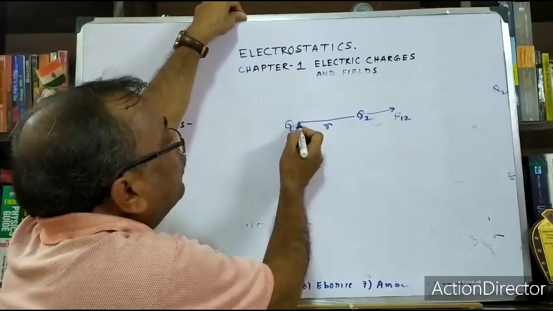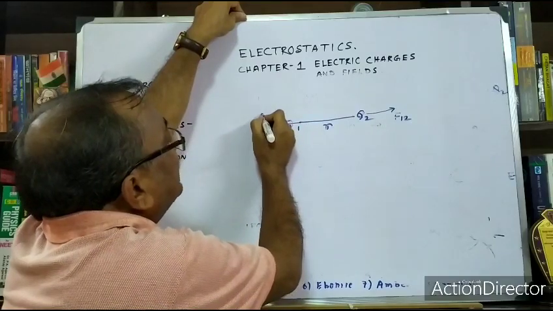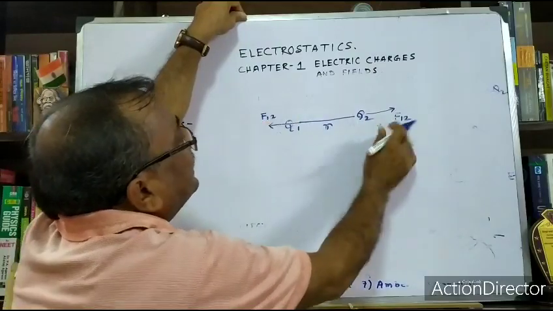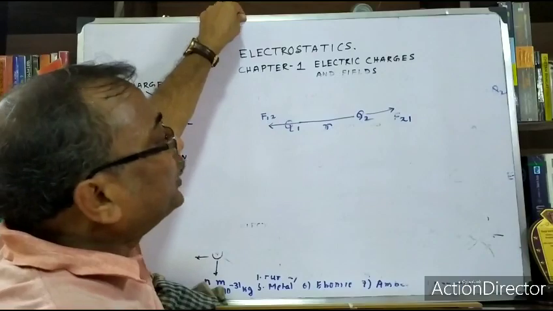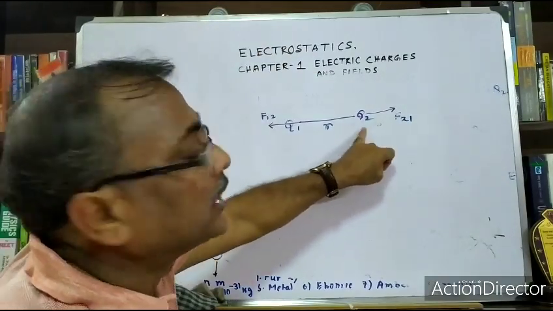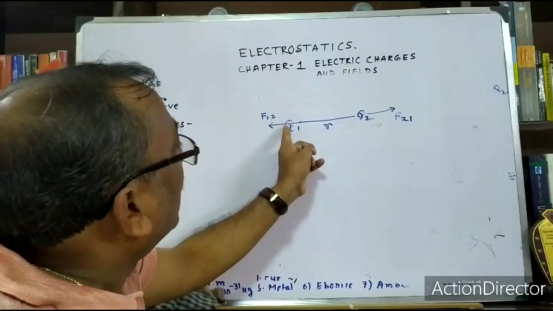And similarly, the force on this charge due to this charge will be in this direction, and it is F21. Why this type of notation? Because it is the force exerted by charge Q1 on charge Q2, and similarly it is the force exerted on charge Q1 due to Q2.